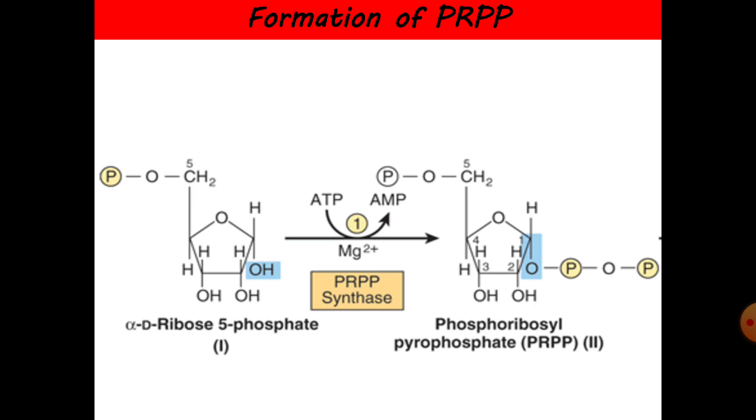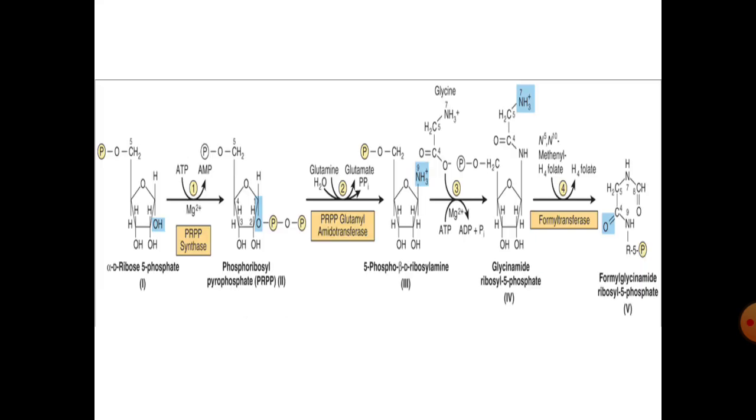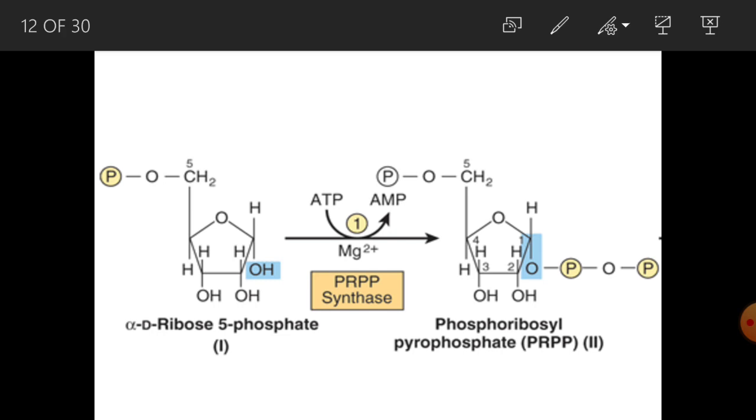Let us see the first step, formation of PRPP, that is phosphoribosyl pyrophosphate. So, the beauty is the sugar, alpha D ribose, takes up one product after another, and gradually the ring builds up. The first step is in the presence of PRPP synthase, 1 ATP is utilized, but here 2 activated phosphates are donated to the sugar.